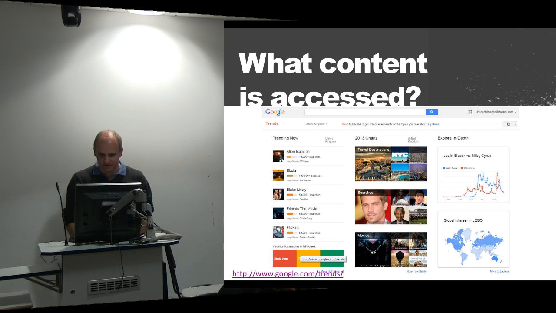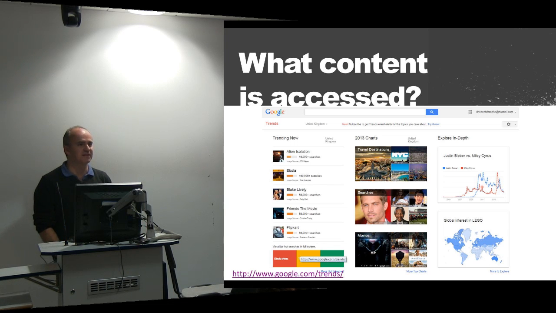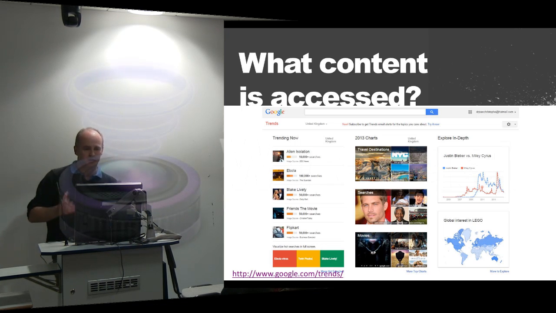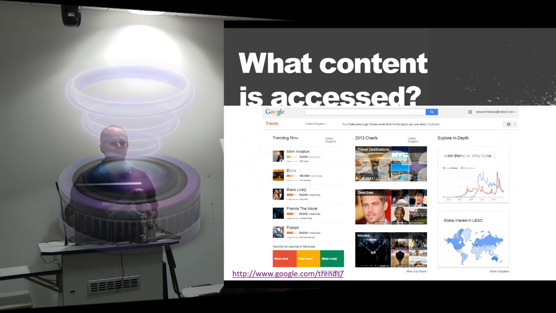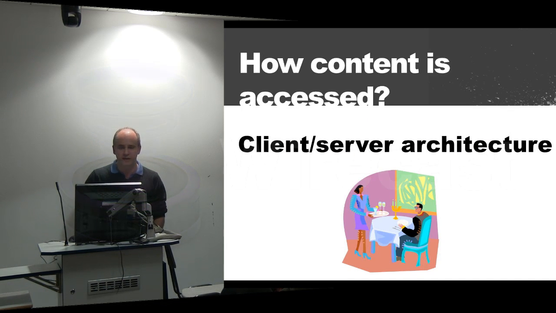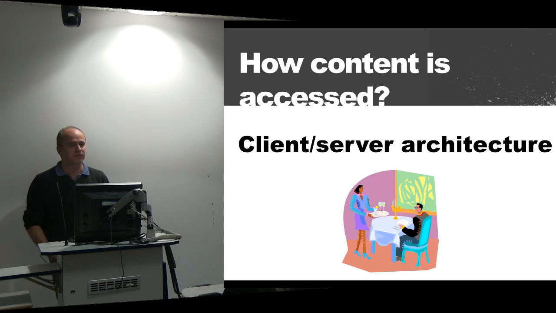So you have plenty of interesting statistics and have some idea about what things people are interested in. And you can look for information around different themes. So how do you access the content? It's using what is called the client-server architecture.